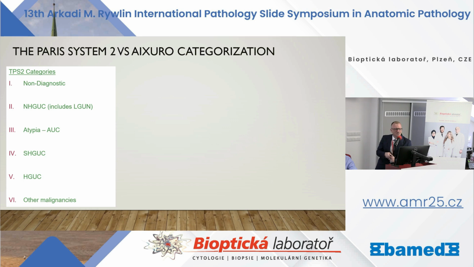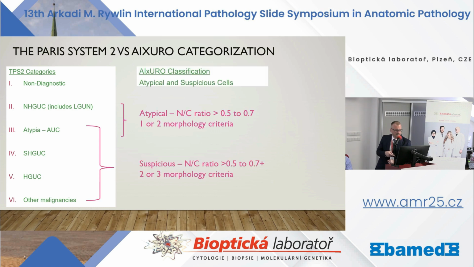starting to be a little bit necessary, because right now there are debates of the thresholds, of the atypical, of suspicious. There are two thresholds, 0.5 for atypical and 0.7 for suspicious. You need to get, of course, 1 or 2 morphology criteria for atypical and 2 or 3 for suspicious.